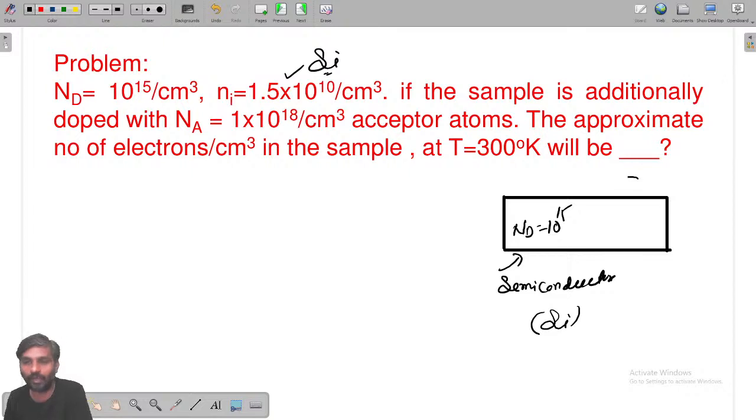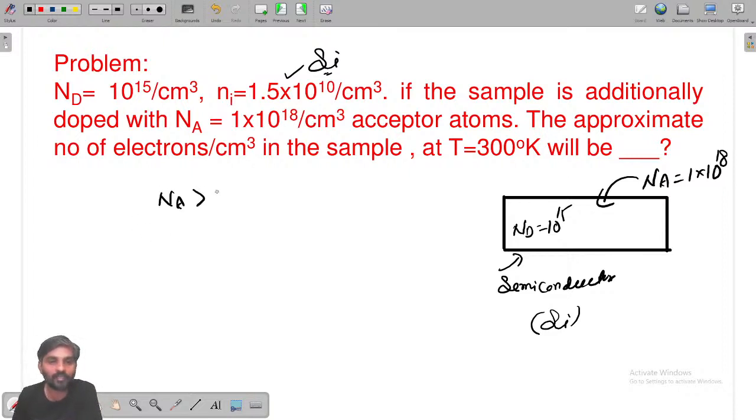Now he is trying to add an Na of how much? 1 into 10 to the power of 18. Is Na higher than ND or not? So this will become a P-type material.